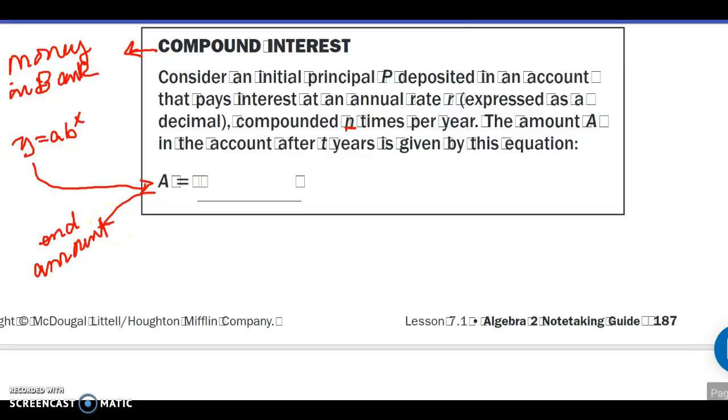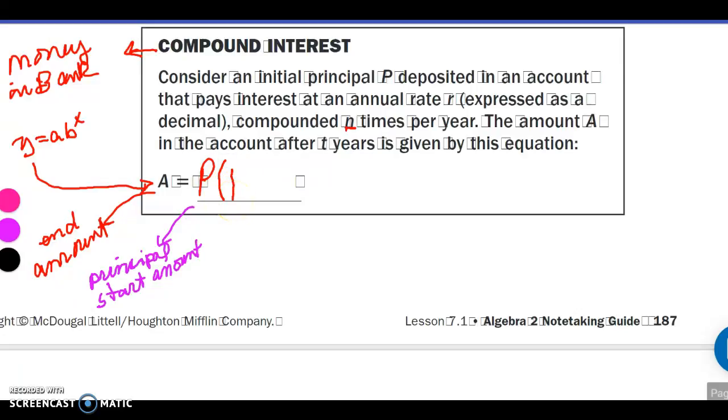Then we put in what A equals, the ending amount is P, a capital P. And that capital P stands for principal, not like Dr. Plowman, P-R-I-N-C-I-P-A-L, and it stands for the starting amount, just like a was. So how much money did you put in? That's what principal is.